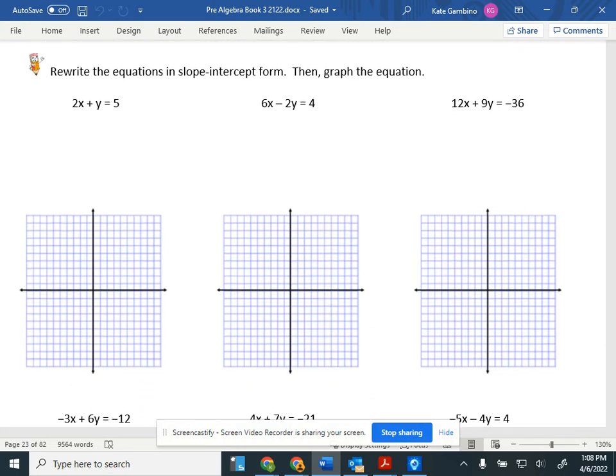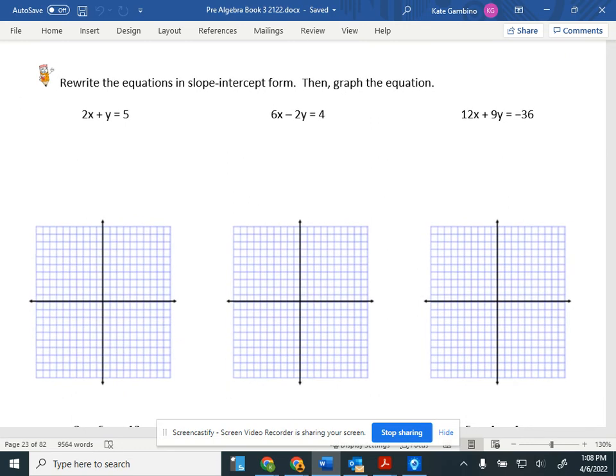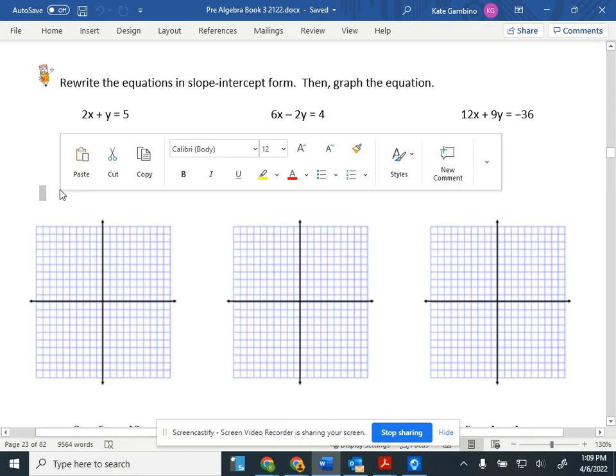Now we're going to rewrite these equations in slope intercept form and then graph them. Because if we know the y-intercept and we know the slope, we can make a line. So Sam, you're right. You're going to do the same work that we just did on the front, and we're adding one final step to graph it.